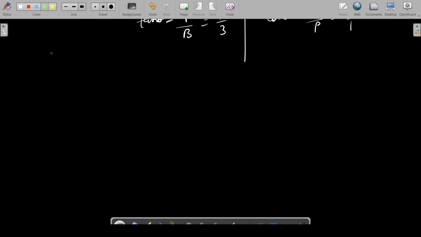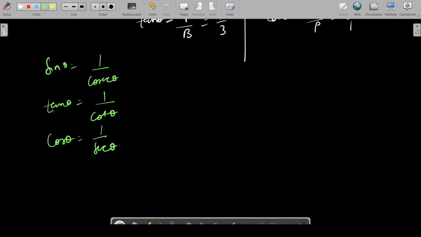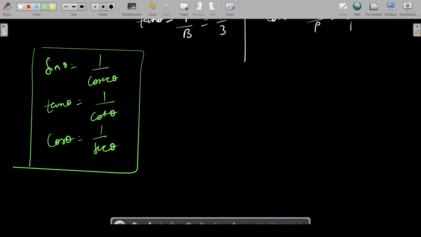Sine theta is 1 upon cosec theta, tan theta is 1 upon cot theta, and cos theta is 1 upon sec theta. So always keep in mind that you need to remember only these 3, because the rest 3 are reciprocals of the existing 3.